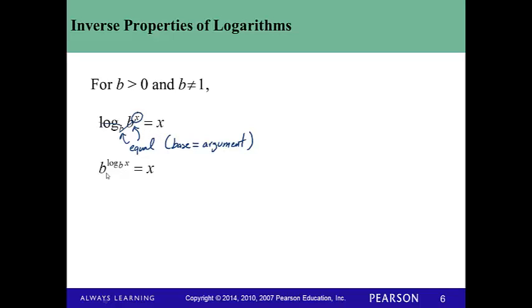And here's another one. If we have b raised to the log base b of x, again, because it's raised, they have the same base, they cancel out, and you're left with just x.